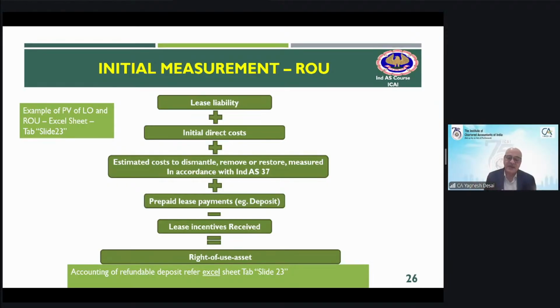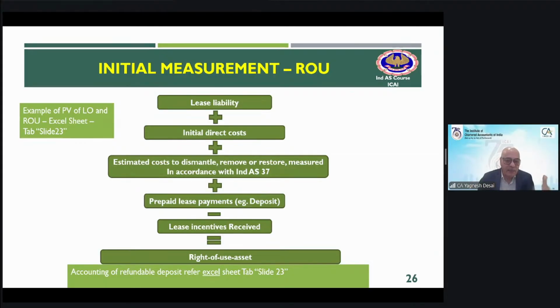If the deposit is refundable and interest free, my dear friends, then it becomes a financial instrument, a financial asset. And Ind AS 109 says that all financial assets have to be measured at fair value, even at initial recognition.